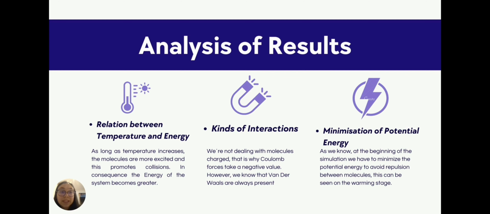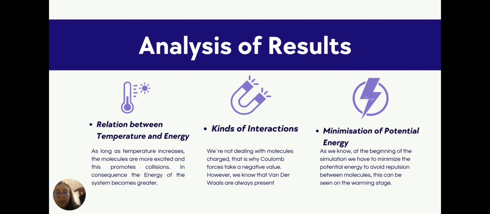We could see that in the first stage, the warming stage, the potential energy in specific became very low, but as time passes, it began to increase. Also, with the kinetic energy, we know that a molecule was charged, so that is why it begins at a great level.